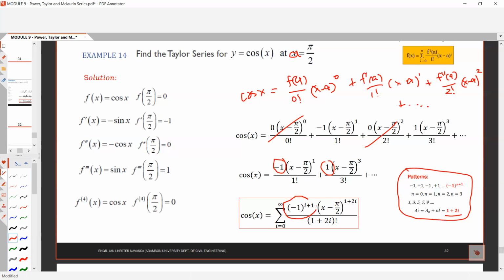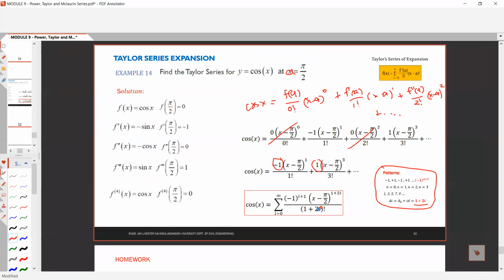Okay. Then this one is x minus pi over 2 raised to 1. Okay, yung 1, 3, 5, 7, 9, ito yung pattern niya. That is 1 plus 2i. Sa ilalim niya is the same. That is 1 plus 2i factorial. So simply the Taylor series expansion centered at a equals to pi over 2 is this answer for cosine x.